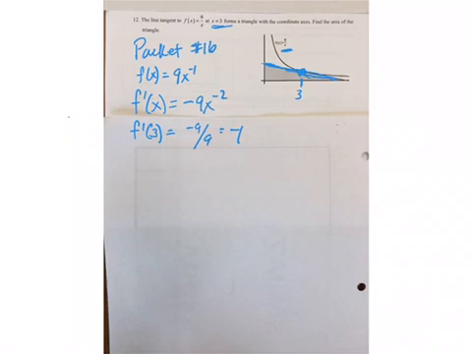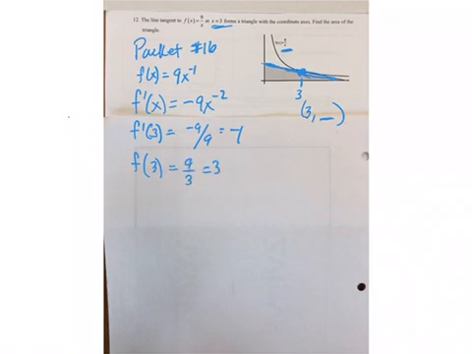Again, in order to work with the tangent line, I actually have to find the line itself. I know my x coordinate, but I need to find the y coordinate of the point of tangency. I can find that by substituting 3 into our original function.